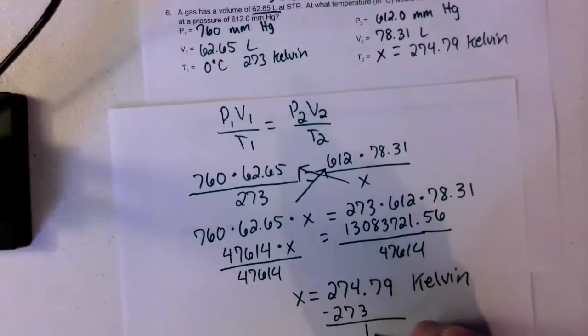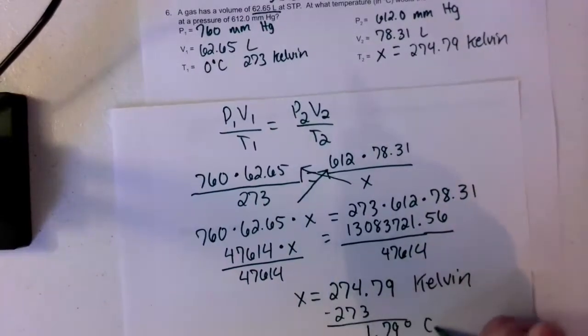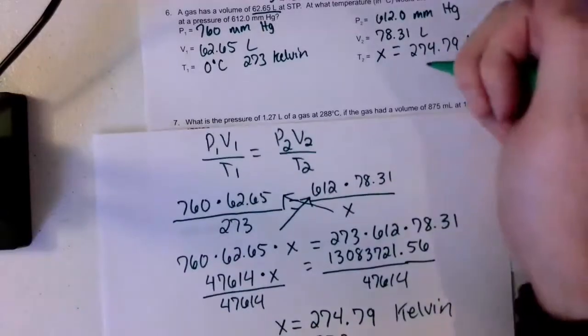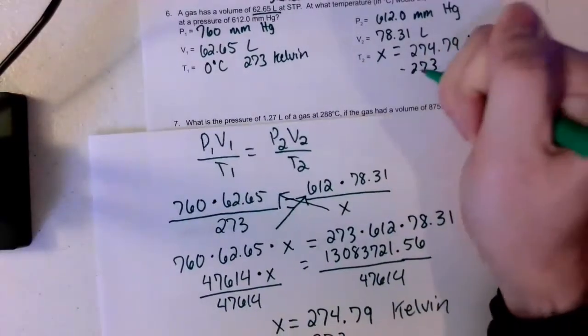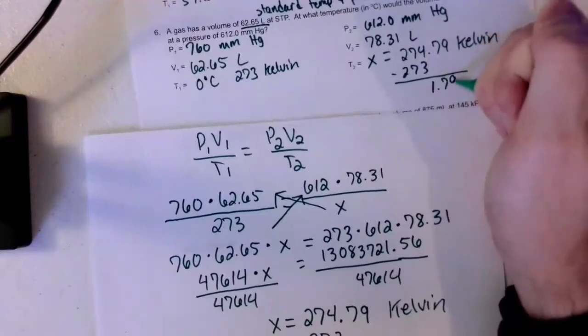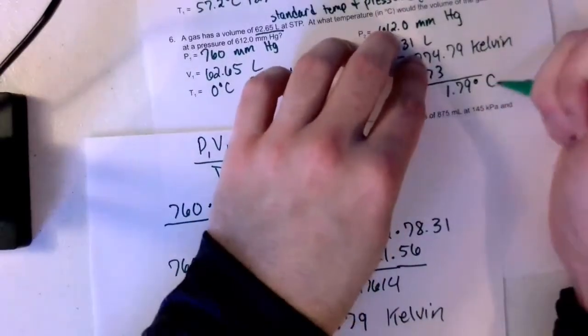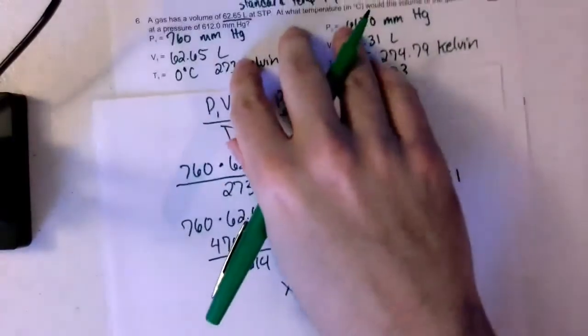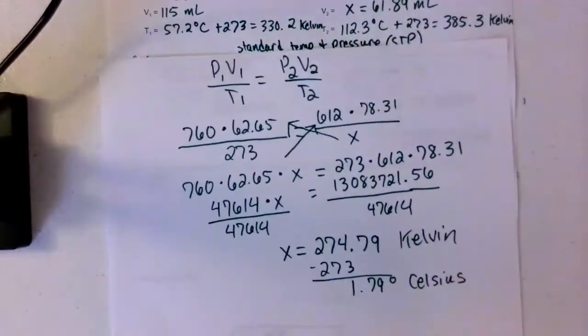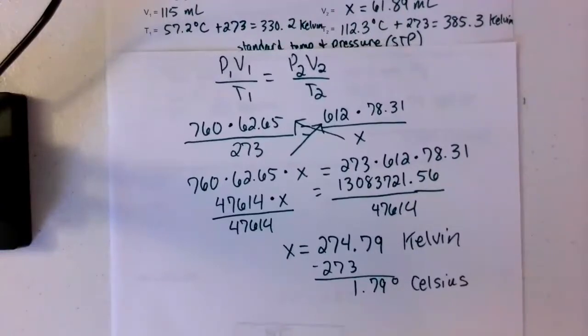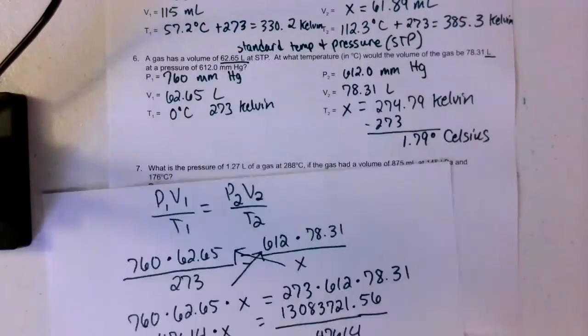So the answer is going to be 1.79 degrees Celsius. So that's relatively easy. And trust me, there won't be any questions this difficult on the test. I'm not going to make you do that, because this one took a while.